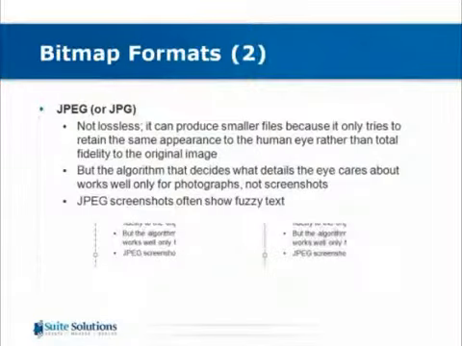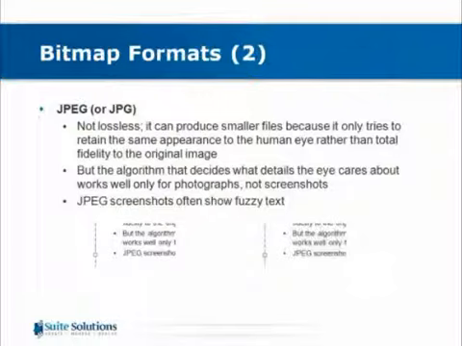That being said, there is another very popular bitmap format, called JPEG. JPEGs are not lossless. They actually remove data. If you take a photograph and then you save it as a JPEG, you're not actually retaining all of the information that your camera captured.